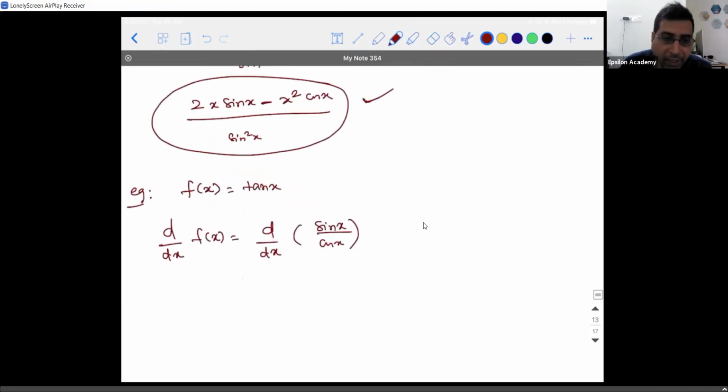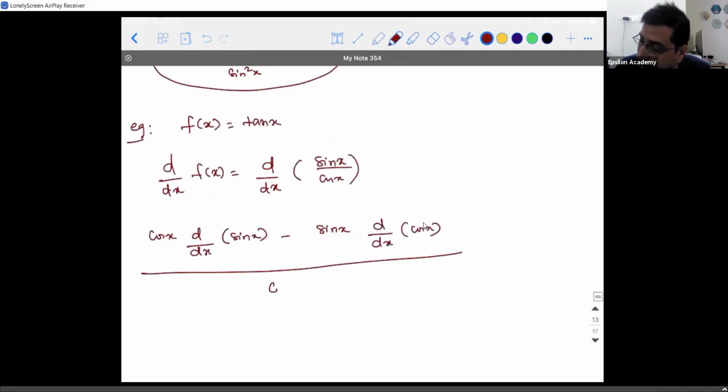So denominator into the derivative of numerator minus numerator into the derivative of denominator, the whole divided by cos square x.